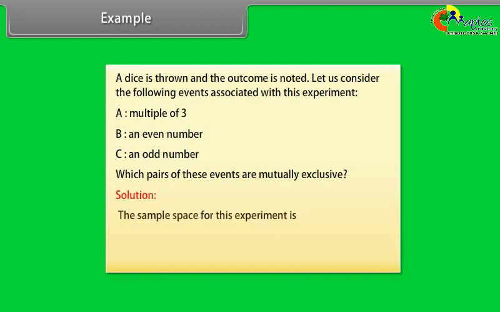Solution. The sample space for this experiment is S is equal to {1, 2, 3, 4, 5, 6}. A is equal to {3, 6}. B is equal to {2, 4, 6}. C is equal to {1, 3, 5}.